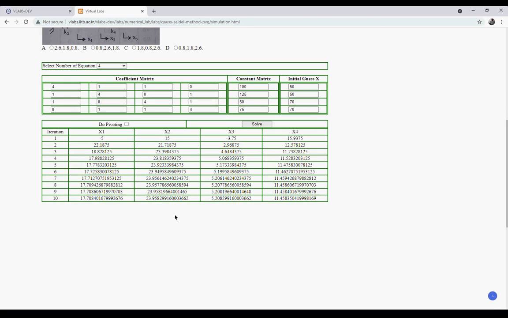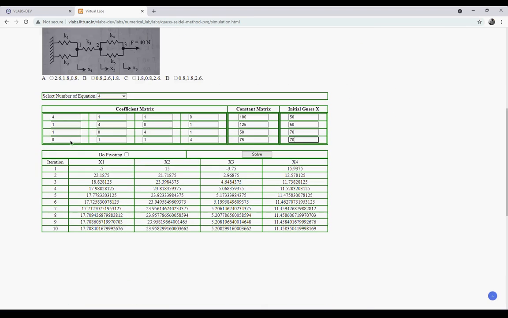So I'm getting a different result. -5. Okay, I may have made some mistake while putting this value somewhere, a dot or something.